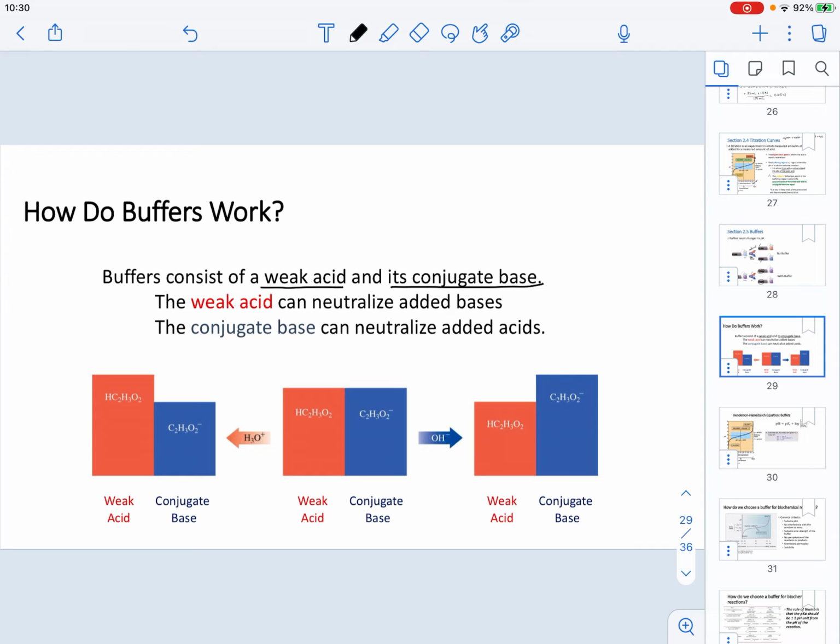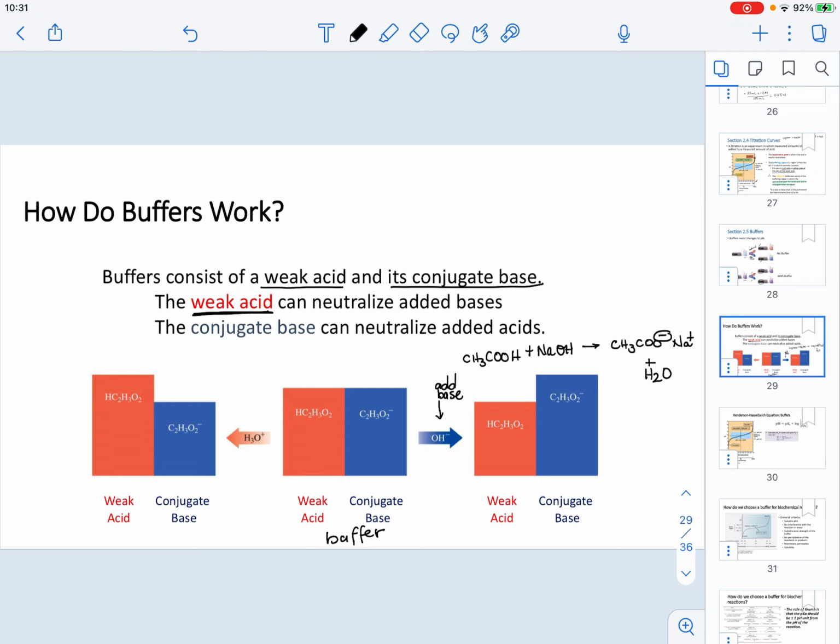So what happens overall, and we go back to the example of acetic acid, is that every time we add base, in this case you can imagine sodium hydroxide, our weak acid, in this case acetic acid, will react with our base and is going to generate acetate and water.